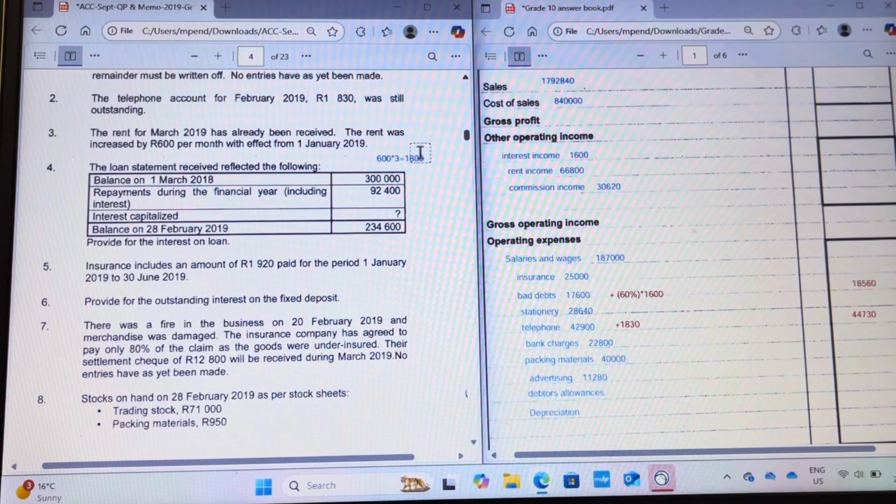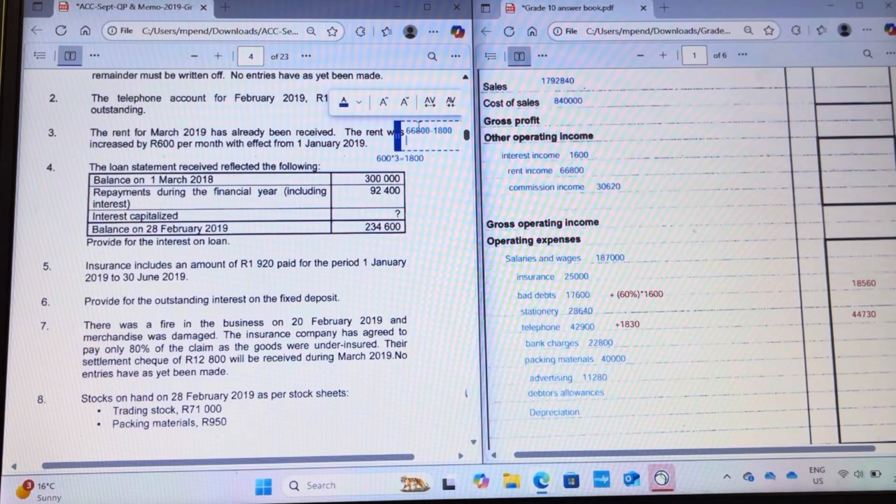Okay, now that we know this increase, we're going to take it out from our rent income. 66,800 less 1,800, so that we can know the total amount without the increase, which is 65,000.